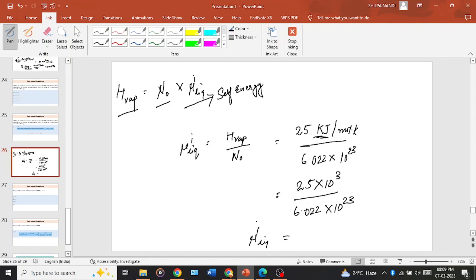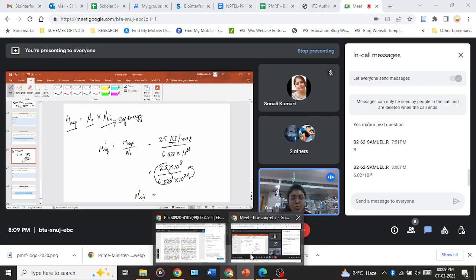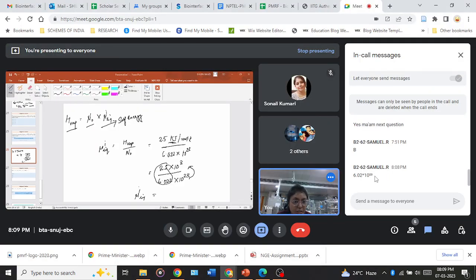So anyone can just calculate this. This will go up, and you have to just divide 25 by 6.022. Tell me the value of 25 divided by 6.022. Okay, Samuel wrote the answer for Avogadro number. I missed it. So 25 divided by 6.022 is, how much is it?